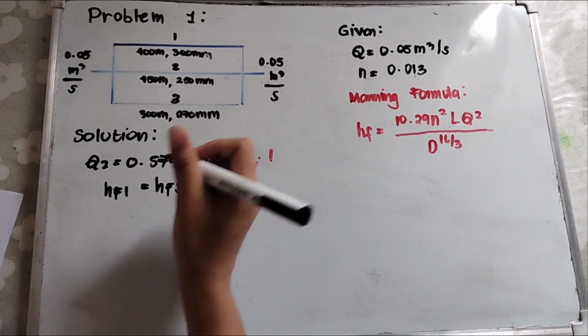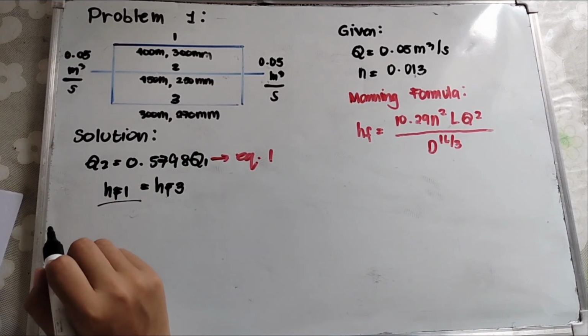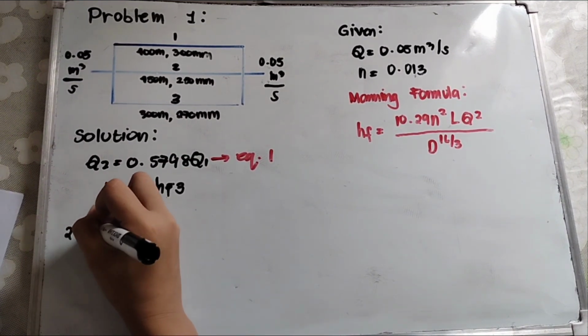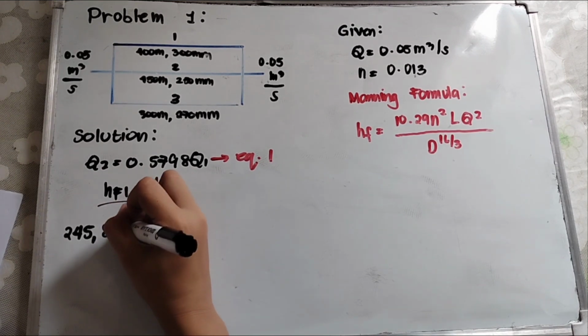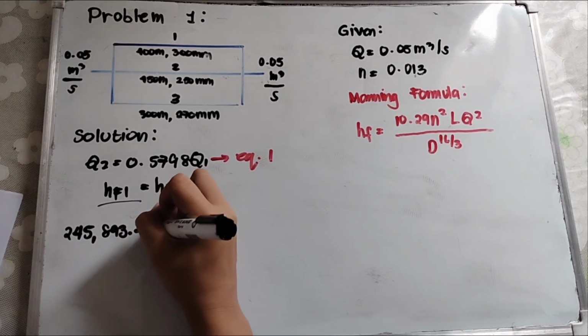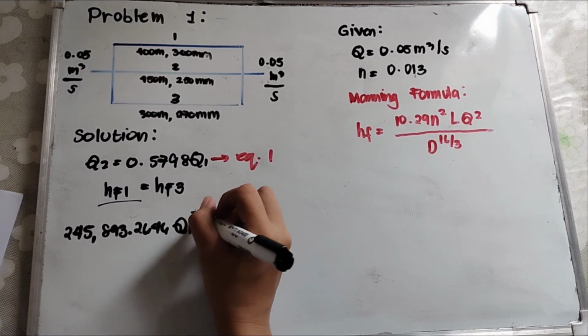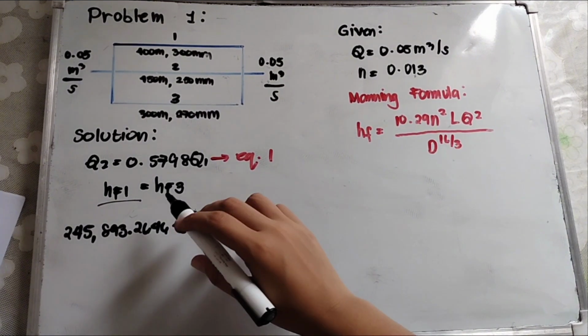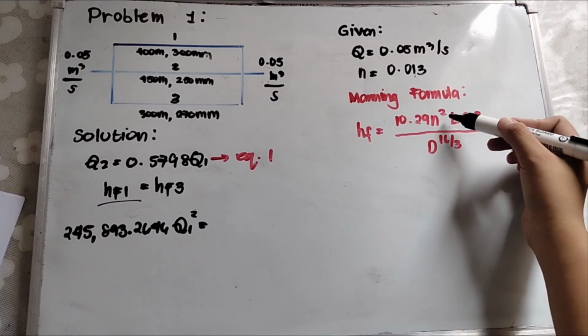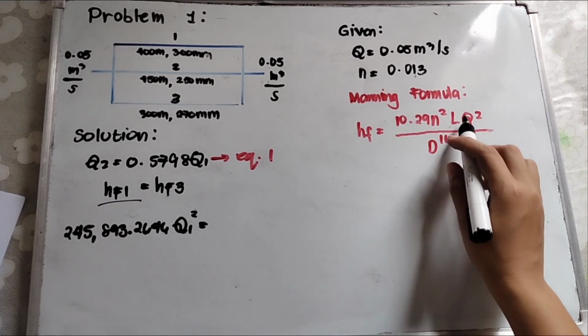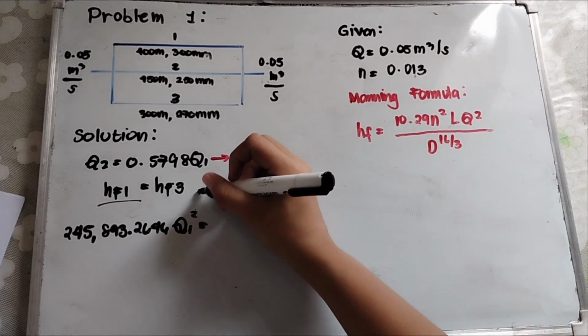To find our second equation, it is simply head loss at pipe 1 is equal to head loss at pipe 3. Since we already have a value for our HF1, I just simply need to write it out. Now, for our head loss at pipe 3, again, cancel 10.29 and n raised to 2.